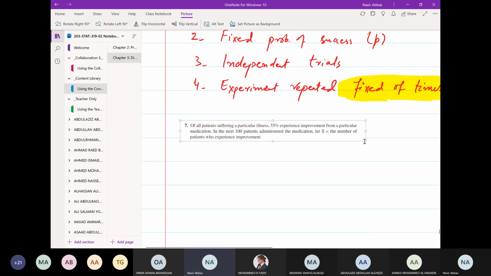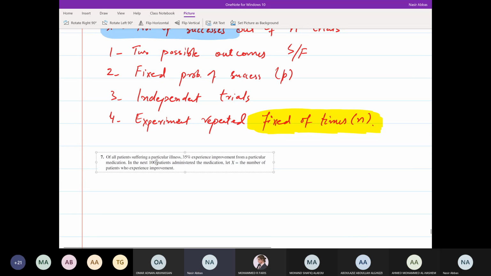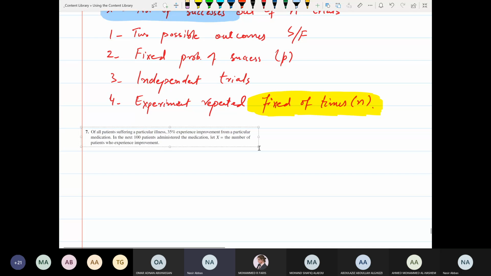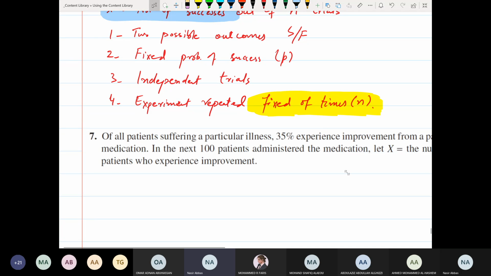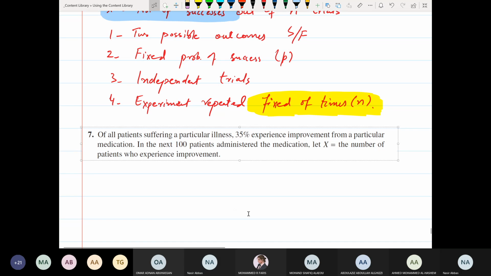Okay, here I am with example number 7. In this example, I'm going to point out everything that we just wrote about, the 4 properties and the definition of X. And then I will flip the 2 of them.